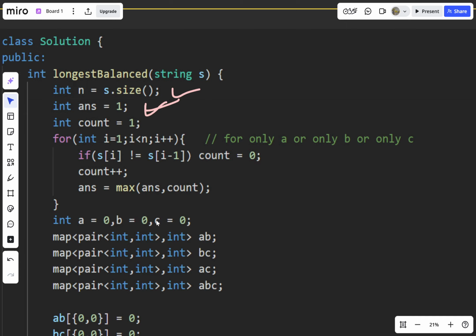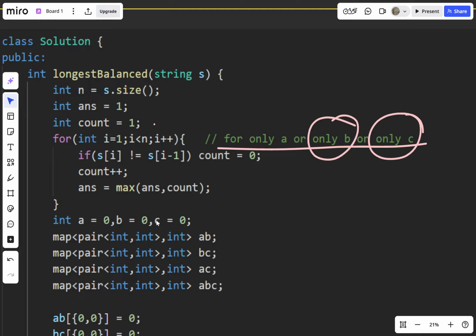Now we are calculating for only A, only B, or only C. What we are doing here is checking if s of i is not equal to s of i minus 1.